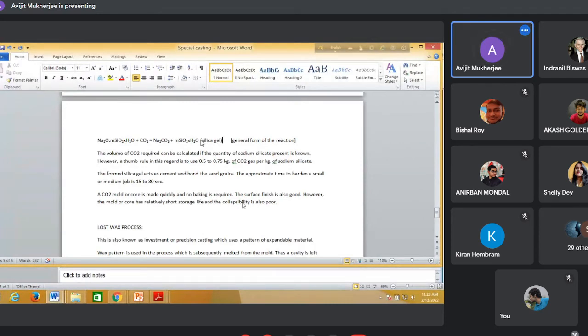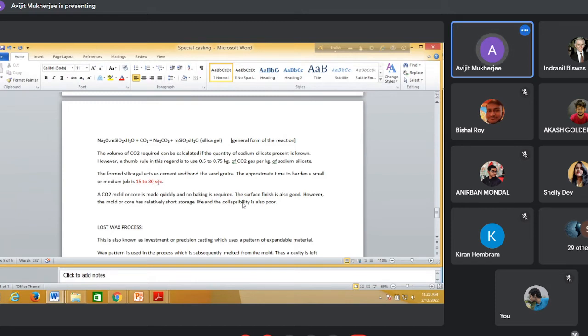So when the process is completed, it will give a very hard structure, right? And approximately for smaller jobs, 15 to 30 seconds is sufficient to harden the part.